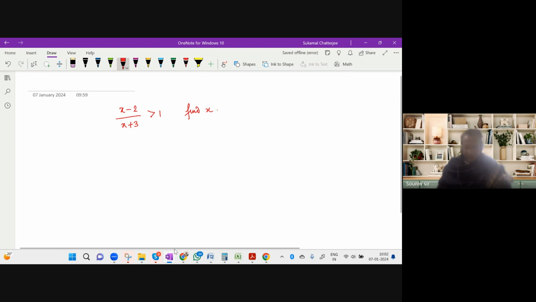How do you find x here? It's a very simple inequality, right? (x - 2)/(x + 3) is greater than 1. How do you find x? What value are you getting?